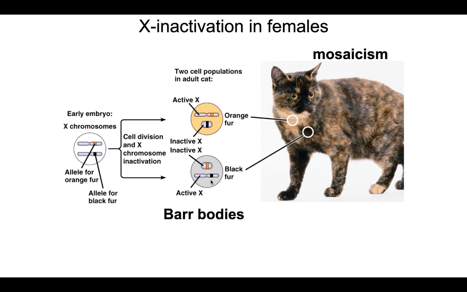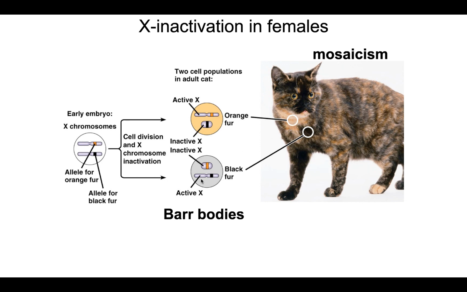Early on in development, each of the X chromosomes randomly becomes inactivated in the cells that will give rise to hair. If in this cell the X chromosome with the black allele was inactivated, becoming a bar body, then all the hair that comes from this cell is going to be orange. And so there's your patch of orange.